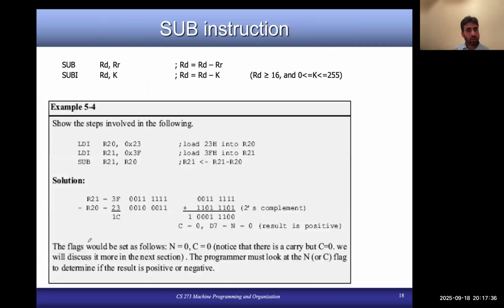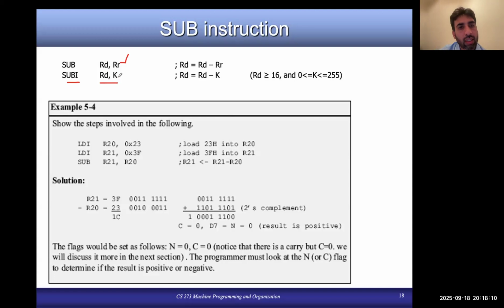Okay, subtract instruction. It's straightforward. When you say subtract source register, destination register, then the destination register becomes equal to destination register minus source register, right? And unlike add immediate, it has a variant of sub immediate, which allows you to subtract an immediate number from a register, right?